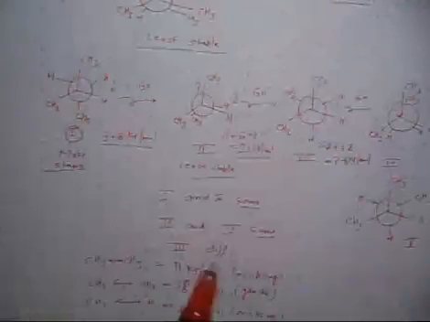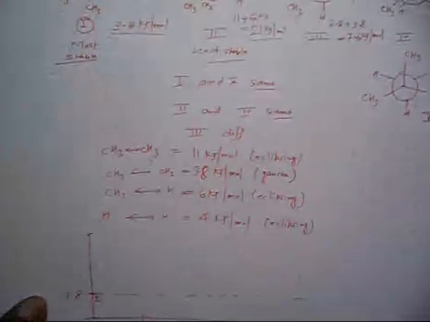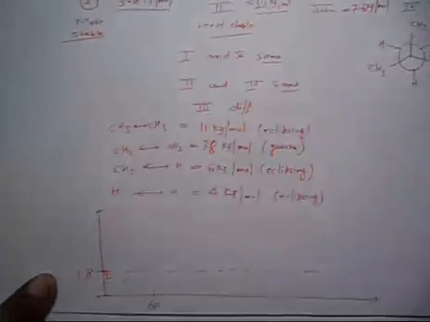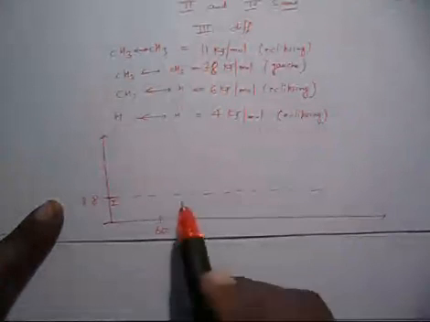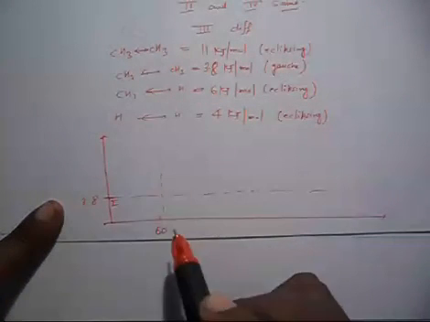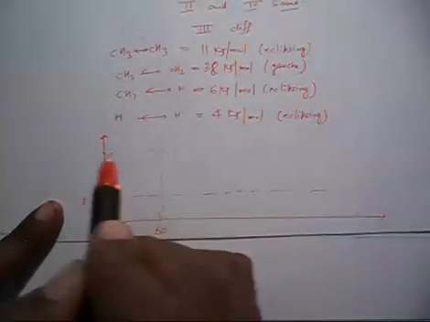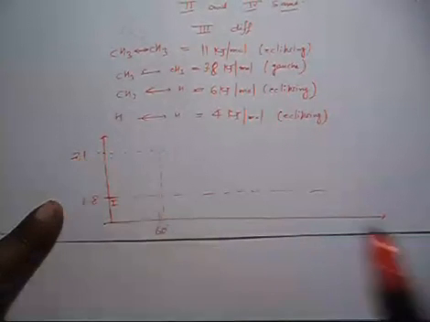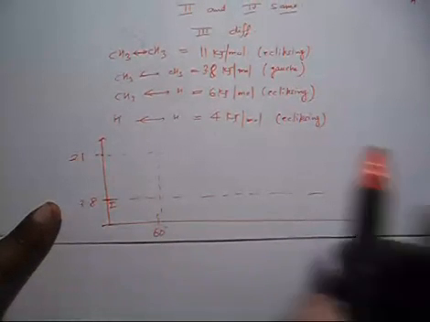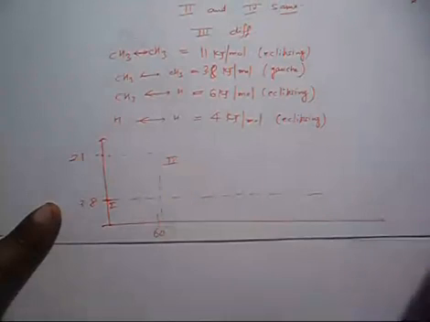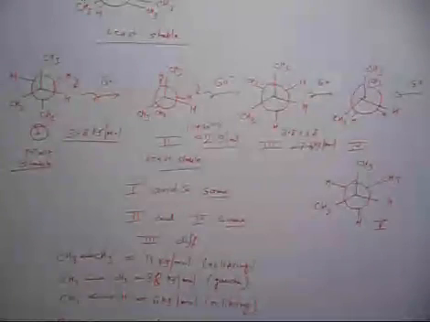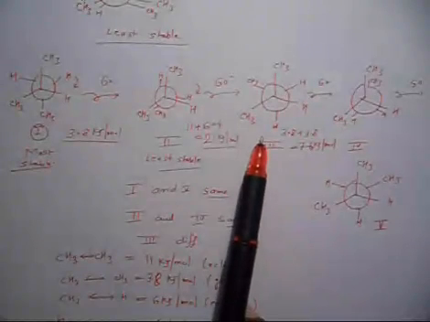Now the second conformer has an energy of 21 kilojoule when I rotate by 60 degrees. So this value is 21 kilojoule per mole. Now this is structure 2. If I see structure 3, if I rotate by 60 degrees more, the energy is only 7.6 kilojoule per mole.